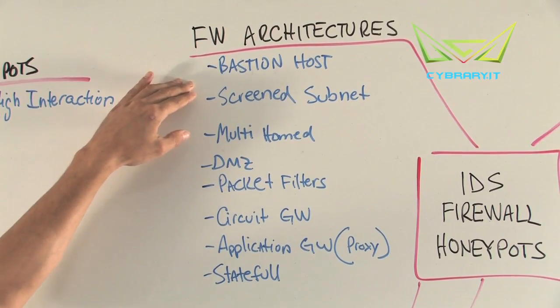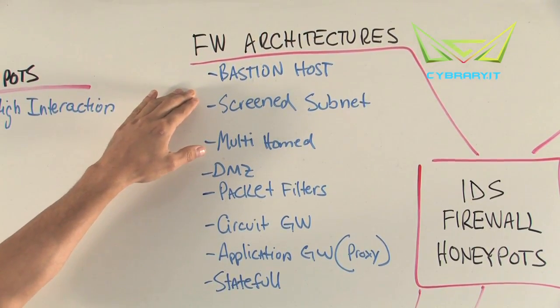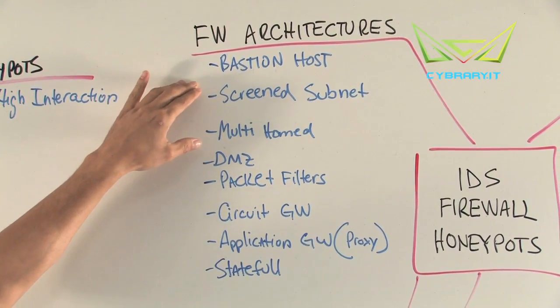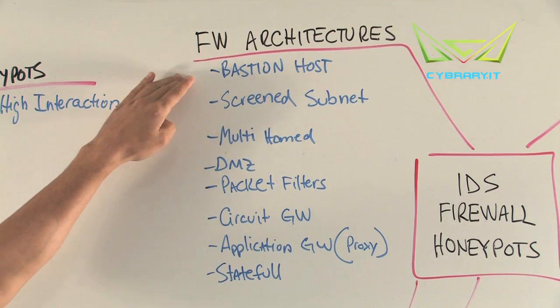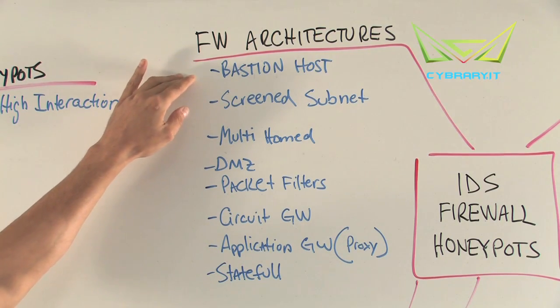So the first thing is a bastion host or a hardened host, and this typically sits inside the demilitarization zone. It's a host that specifically has a reduced attack surface and is often a relay or a jump point. So if it's done properly, nobody will be able to exploit that and use that as a pivot or a relay point.